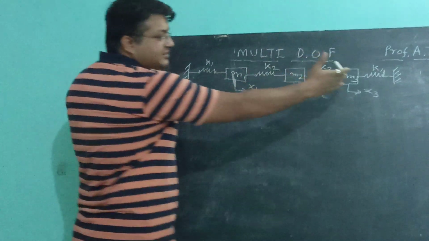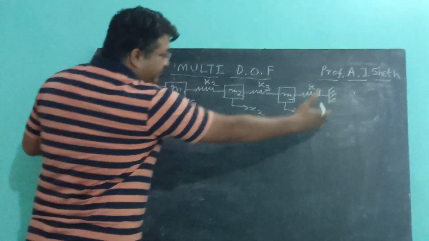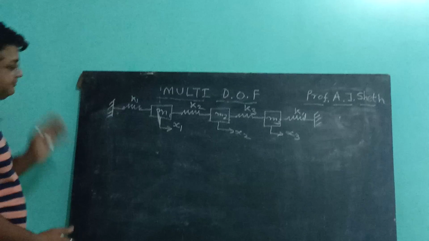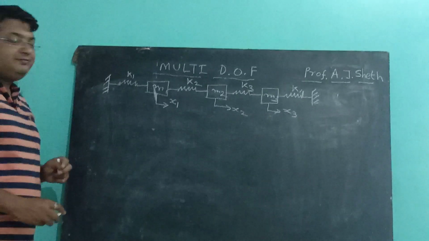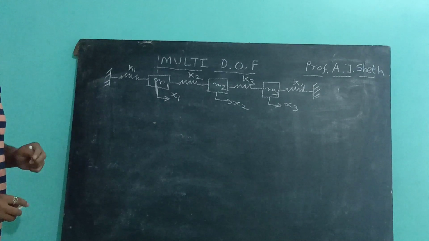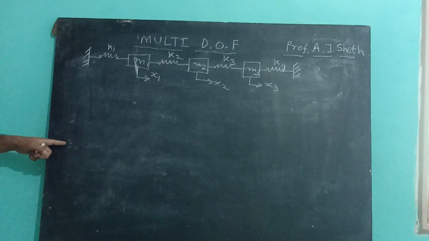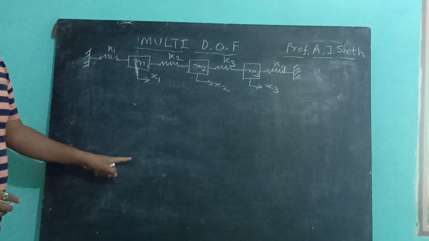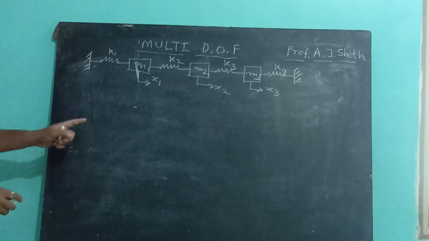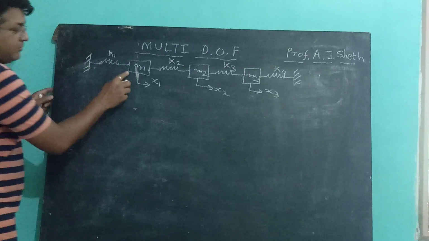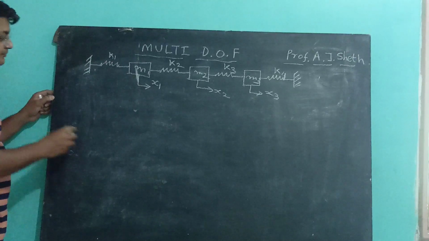Normally we have seen this configuration in a vertical direction. Now the equation of motion is formed with the help of the third method, which I have written here, Newton's second law of motion. According to that, we are going to form the equation of motion.